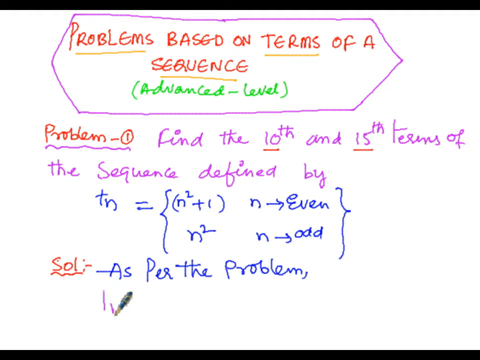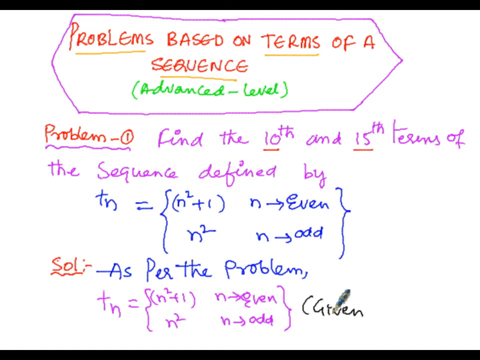The nth term is given by n square plus 1 when n is an even number, and n square when n is an odd number. So this is given first. So here we have to find out the 10th term as well as the 15th term.